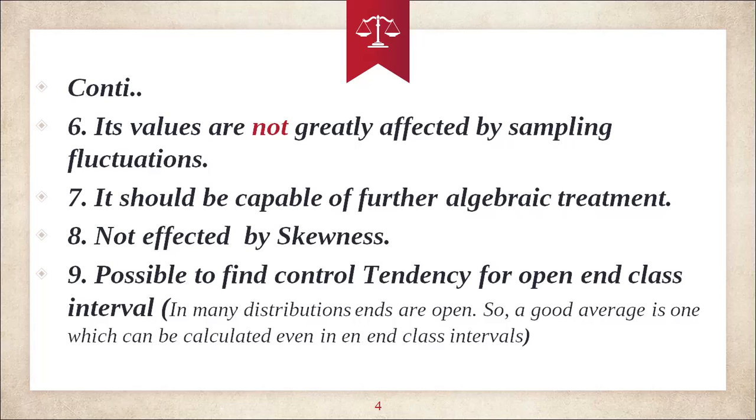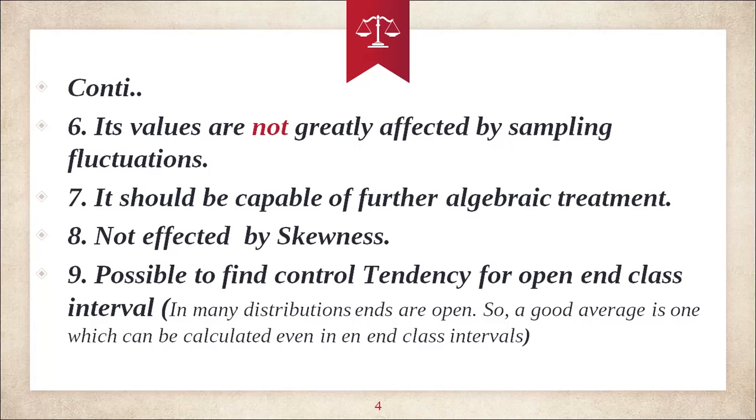In many distributions, ends are open. So a good average is one which can be calculated even in open-end class intervals. When we have open-end classes and we estimate the average, that is also a good average. Is it clear now?